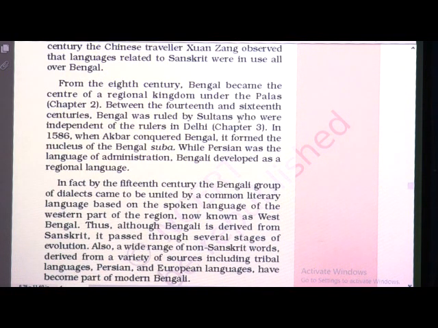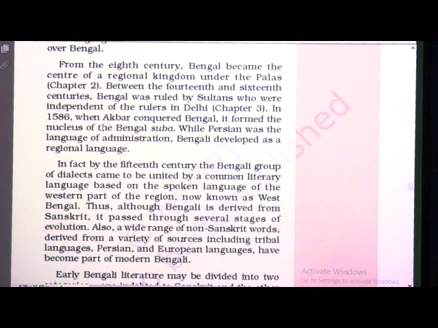Between the 14th and 16th centuries, Bengal was ruled by sultans who were independent of the rulers in Delhi. We saw in chapter 3. In 1586, when Akbar conquered Bengal, it formed the nucleus of Bengal Suba, while Persian was the language of administration.